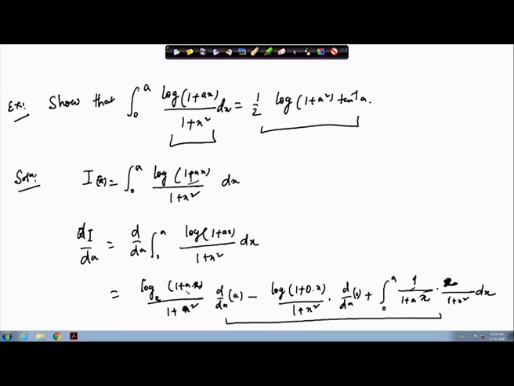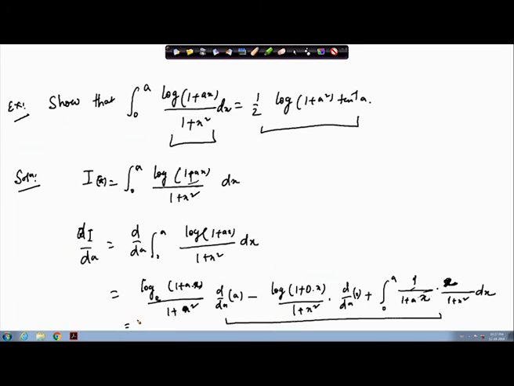So substitute, so this will reduce to a function with respect to a. Yeah, and then we basically formulate the ODE.